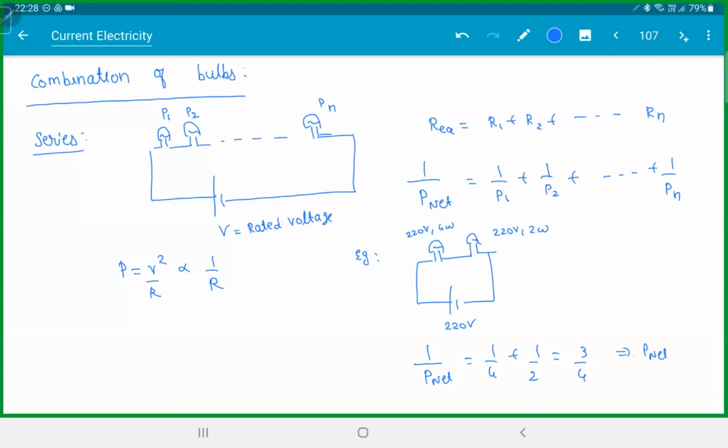Therefore, if you keep both the bulbs in series, you actually get only 4 by 3 watts. That is the meaning of this. So if you connect bulbs in series, the overall brightness actually reduces. Because the voltage across them will decrease, the power produced by them will decrease. If you want more power, you should keep the bulbs in parallel.